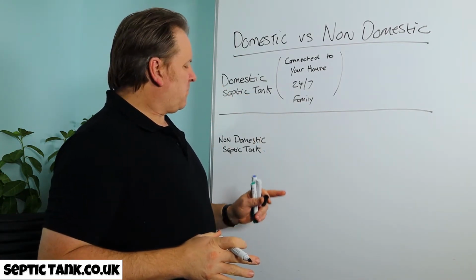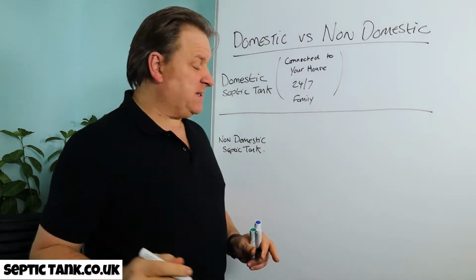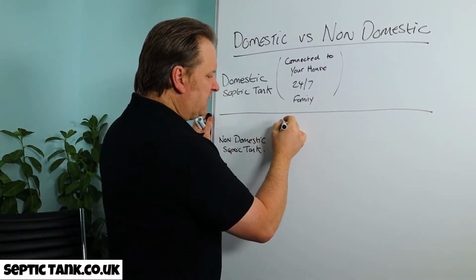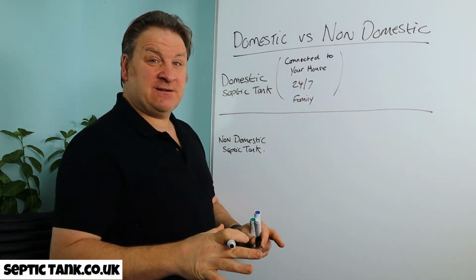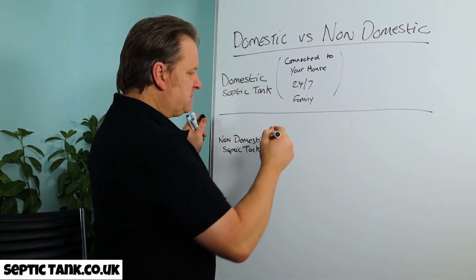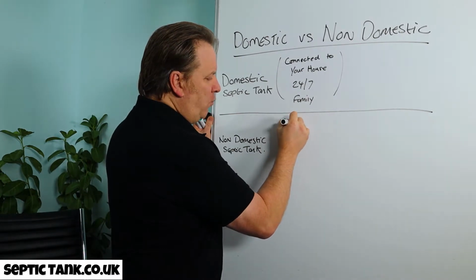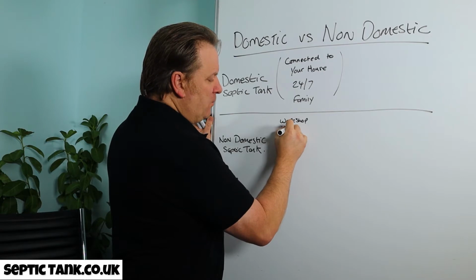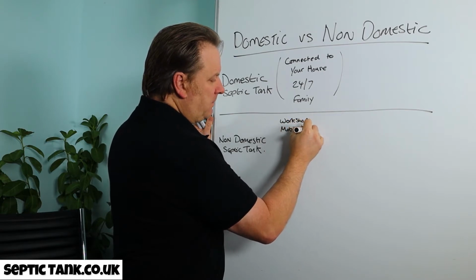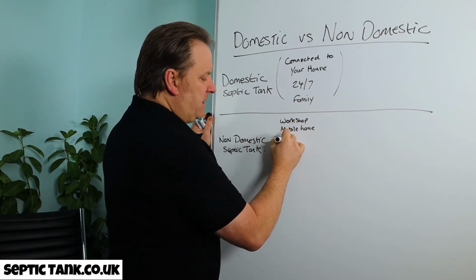And a non-domestic septic tank is basically a septic tank that is anything outside of where you live. So for example, it may be a workshop. It may be a mobile home. It may be a glamping pod.